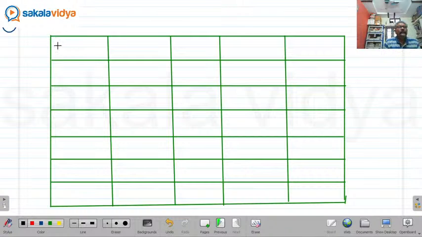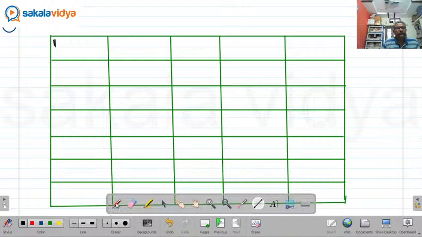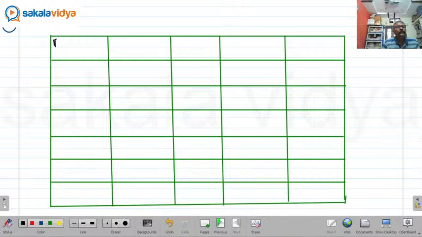Write down now. Daily expenditure. This is CI, class interval. Number of households.